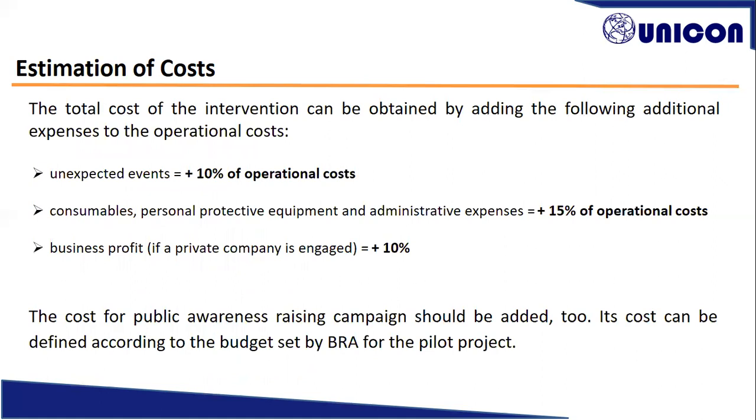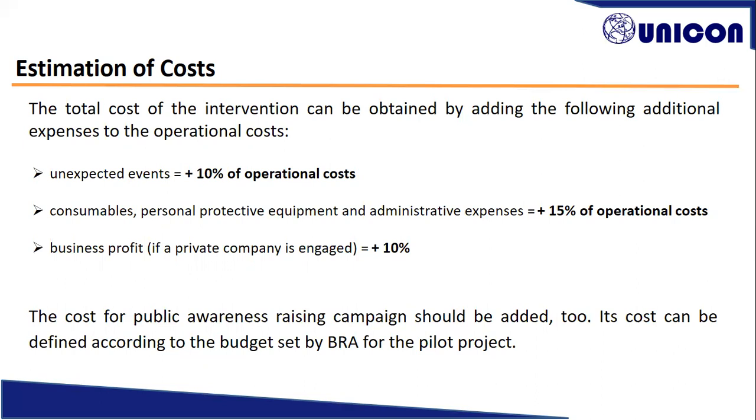The total cost of the intervention can finally be obtained by adding the following additional expenses to the operational costs. Unexpected events, 10% of the operational costs. Consumable personal protective equipment and administrative expenses, 15% of operational costs.